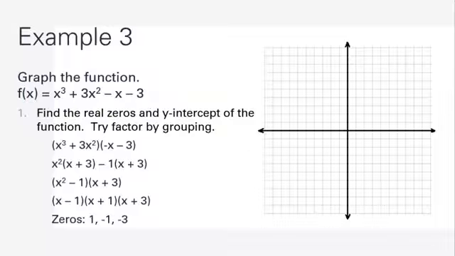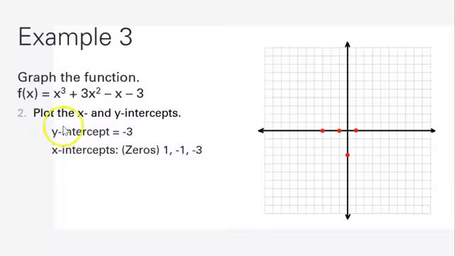Let's look at step 2 of our graphing steps. Step 2, I'm just going to put all of this on my graph. So all I did was I took my y-intercept and put it on the y-axis. I took my 3 x-intercepts and I plotted them on my x-axis. And that's step 2. Next, we're moving on to step 3, which is to find more points.